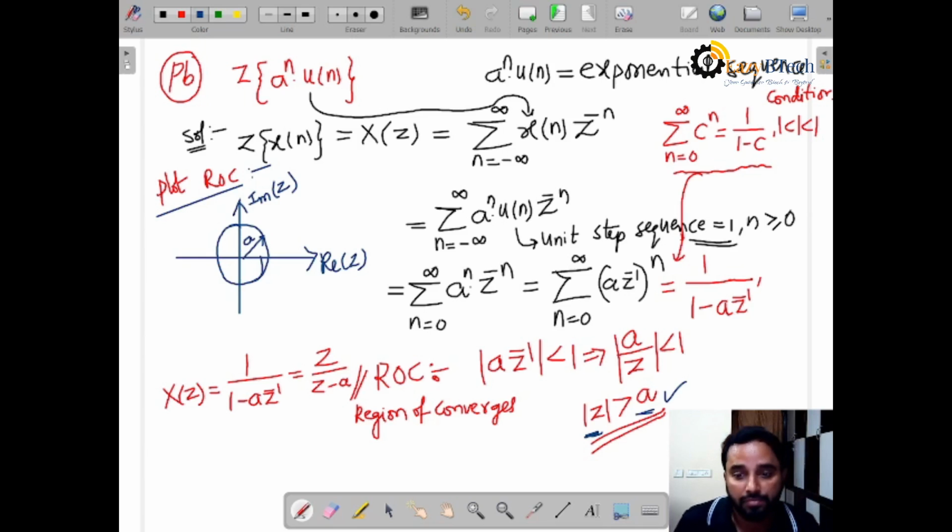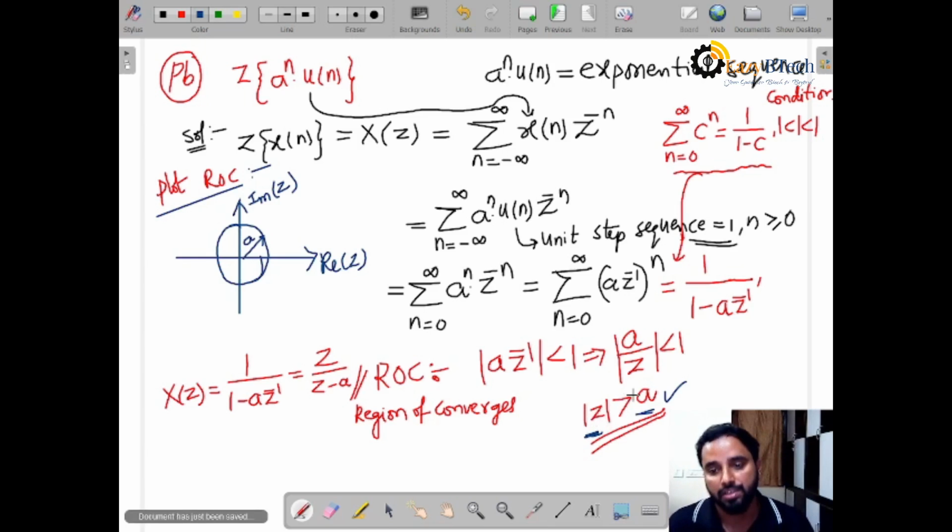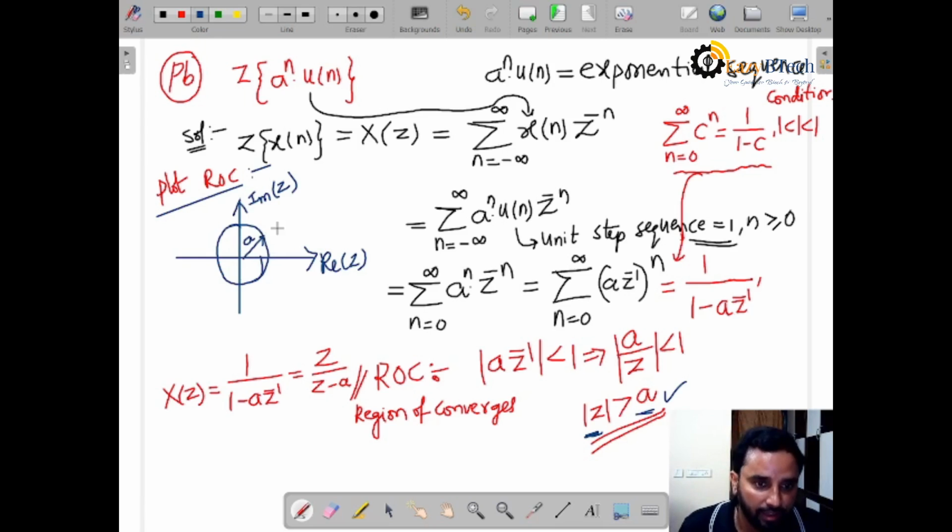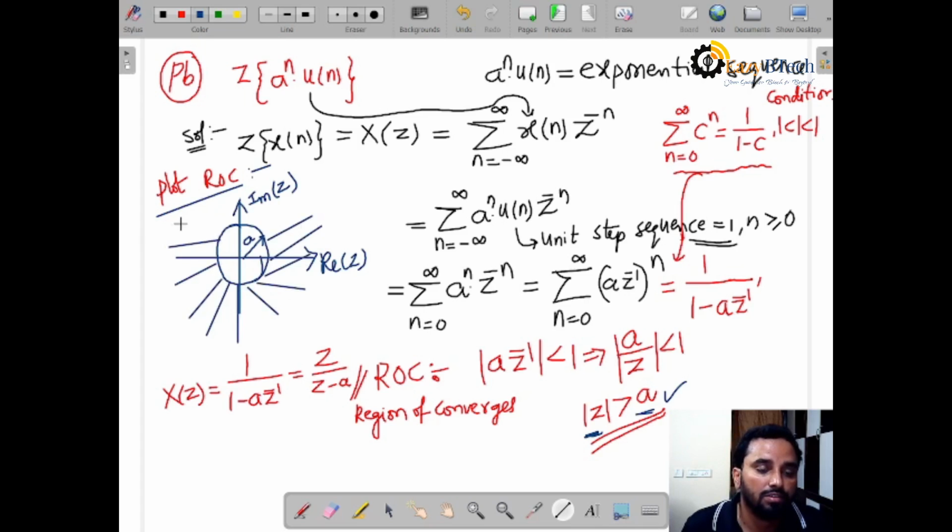Here the ROC is magnitude of z greater than a, that means outside the circle of radius a. So take the lines outside the circle. So this is the ROC, mod z greater than a.